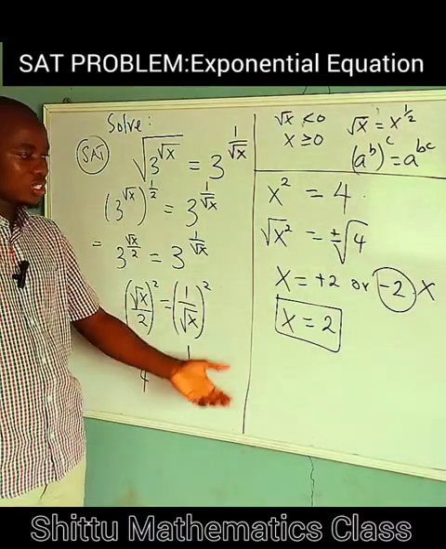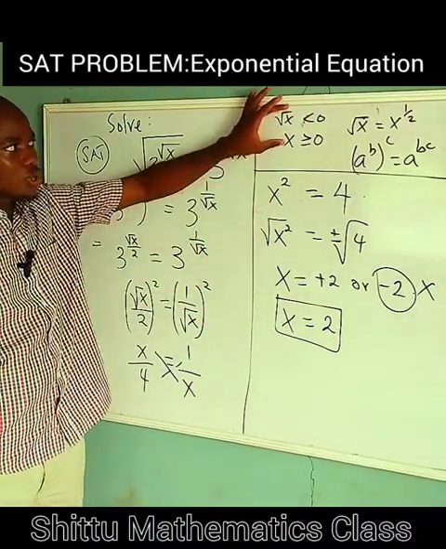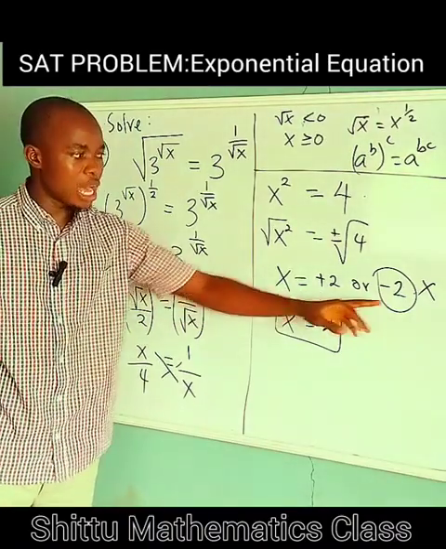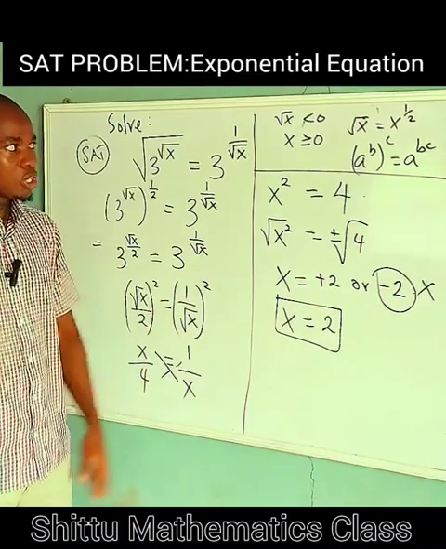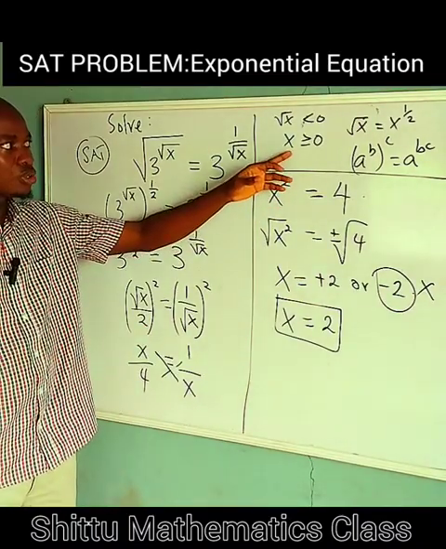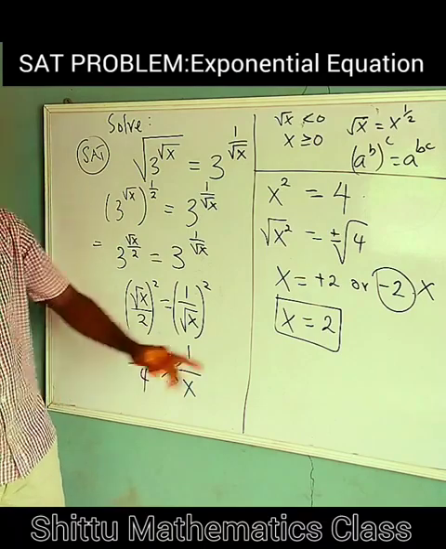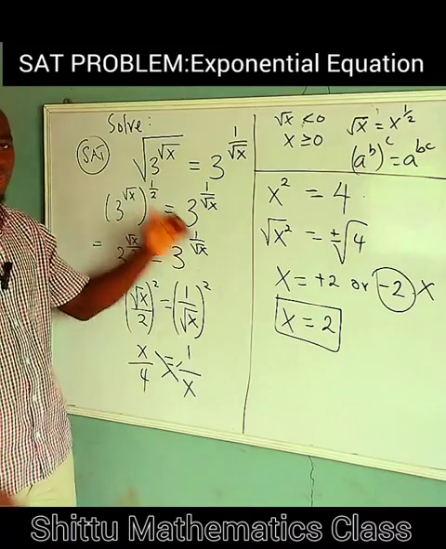Once you have stated this condition before, and you see that we have a negative value, it is rejected, because from our projection x will always be greater than 0. Therefore x equals 2 is the solution to the problem.